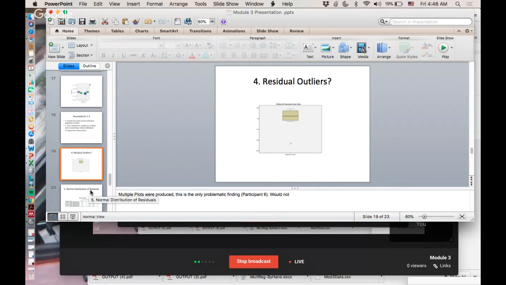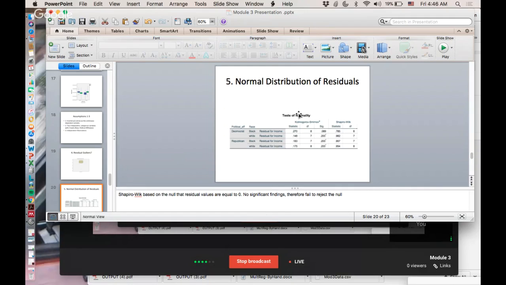Moving on to the next one, normal distribution of the residuals. For my diagnostics, it gave me the Shapiro-Wilk test, for which the null hypothesis is that the values are normally distributed. So failing to reject the null means that the values aren't significantly different. Based on these values right here, that one's close, but that doesn't matter.